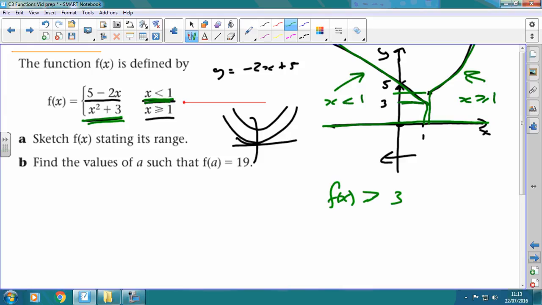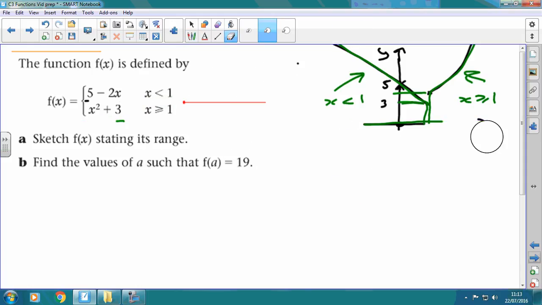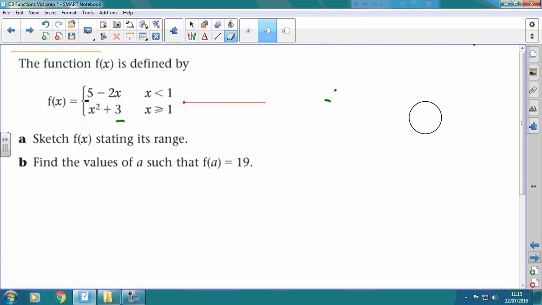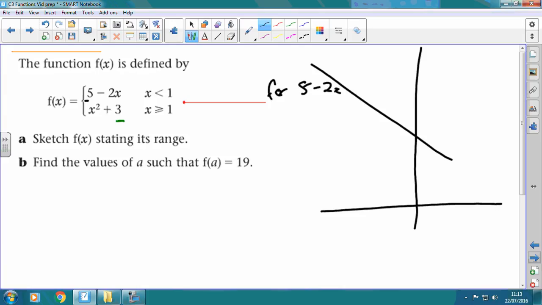Okay, find the values of a such that f of a equals 19. So what I'm going to do is sketch out my diagram again to show how this works. So we had that there, which is 5 minus 2x, and then we had that one there, which is f of x equals x squared plus 3.